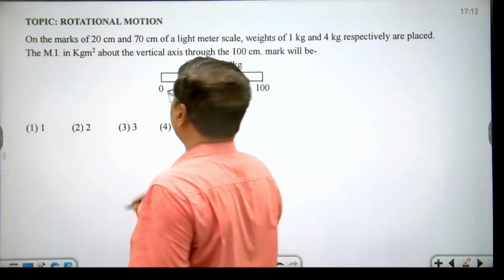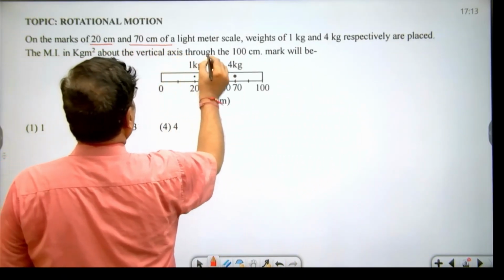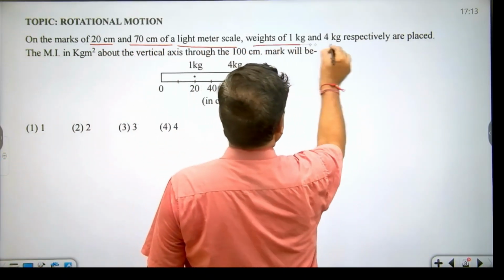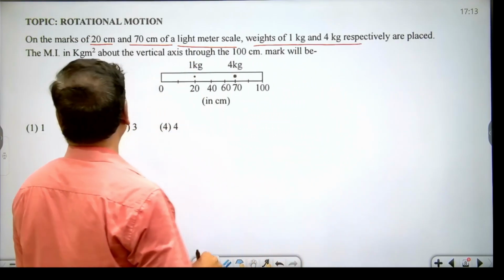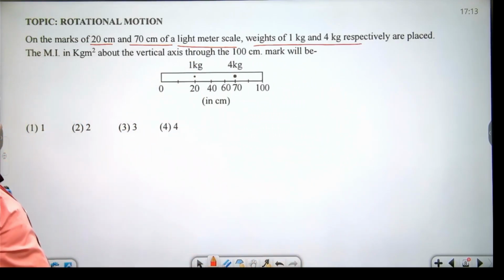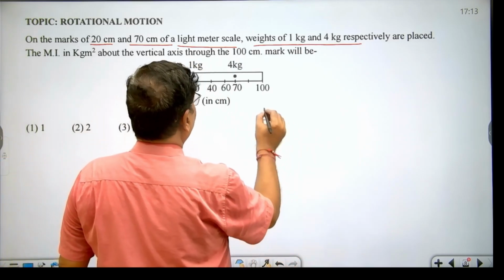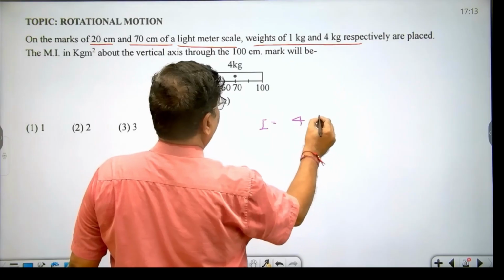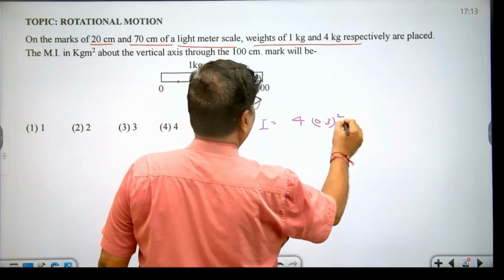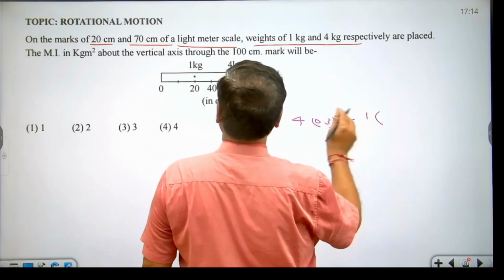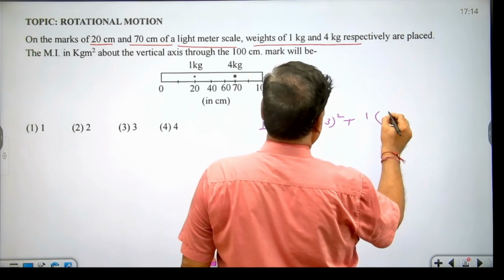On the marks of 20 centimeter and 70 centimeter of a light meter scale, weights of 1 kg and 4 kg respectively are placed. The moment of inertia in kilogram meter square about the vertical axis through the 100 centimeter mark will be. Moment of inertia will be equal to, for 4 kg distance is 0.3 m, mr square. For 1 kg distance is 0.8.